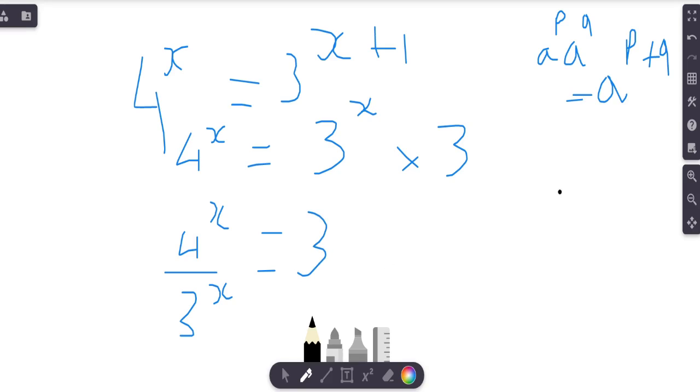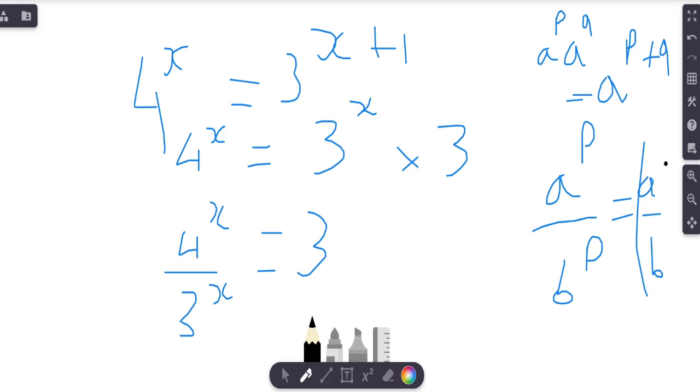Okay, and there's another property of powers when we have a to the p divided by b to the p equals a divided by b, to the p.